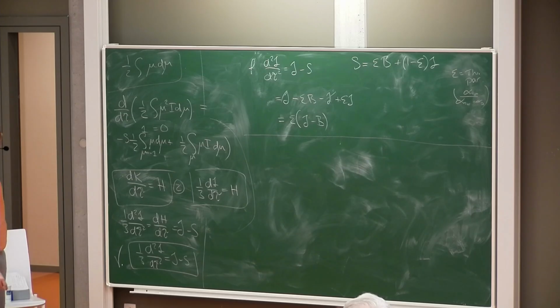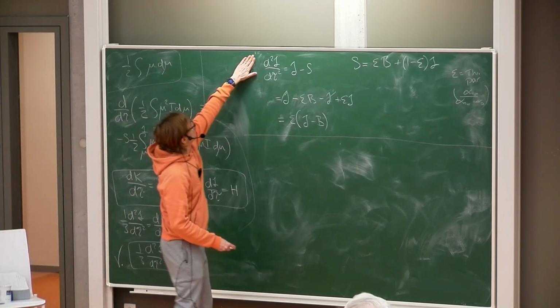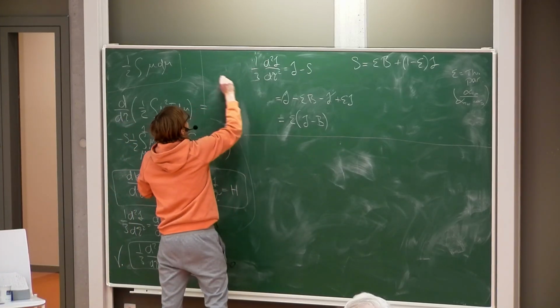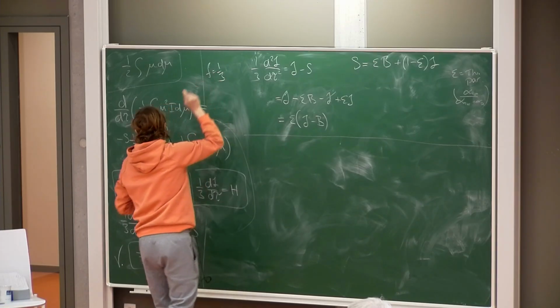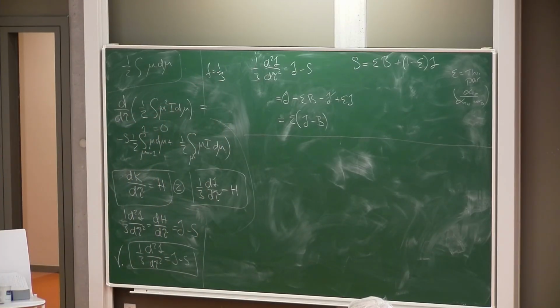Here we have assumed that the Eddington factor is 1/3. What generic Eddington factor do we need in order to get the wave equation with the speed of light c, which is what we should do?